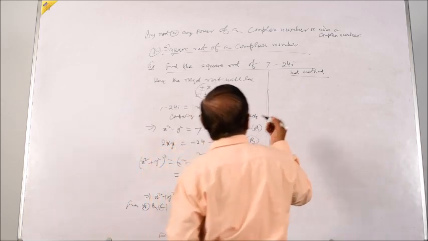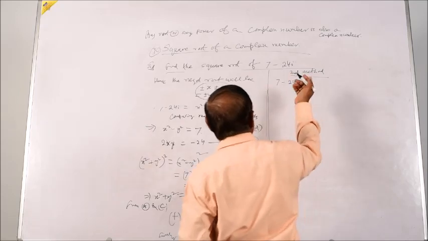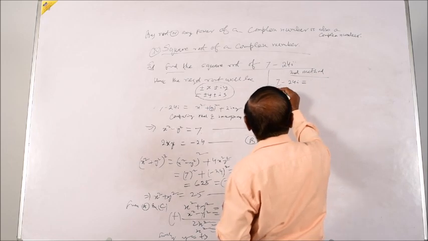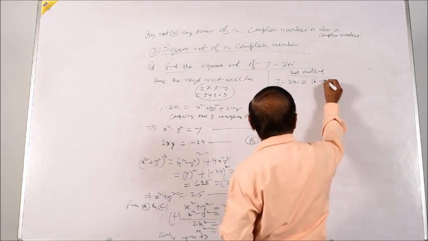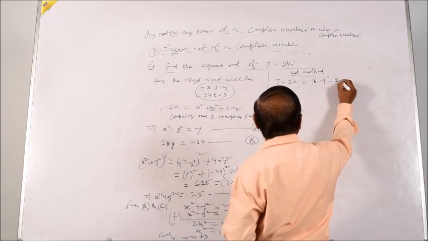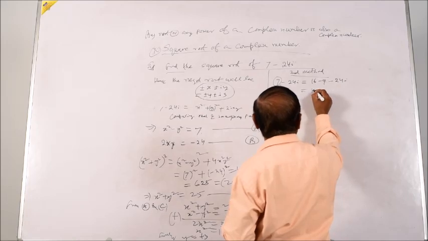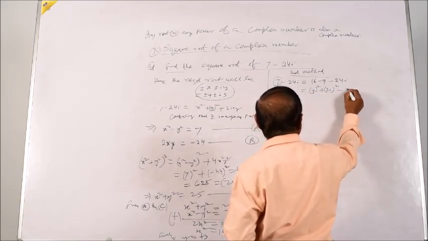And also you can get it by a second method, you see. Suppose this is 24i, you express this as a perfect square, that is you have to distribute this: 16 minus 9 minus 24i. Here I have split the 7, this is 4 square, this is 3i square, minus 2 times 4 times 3i.